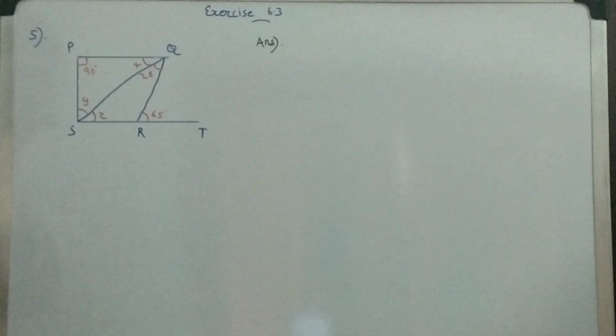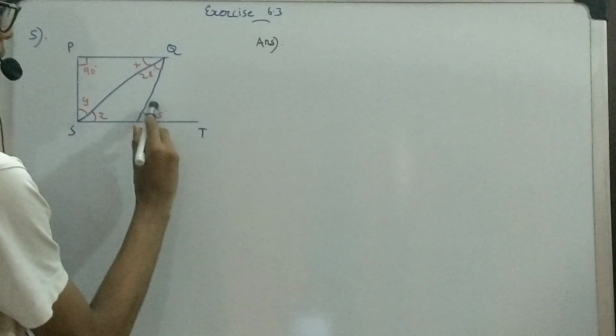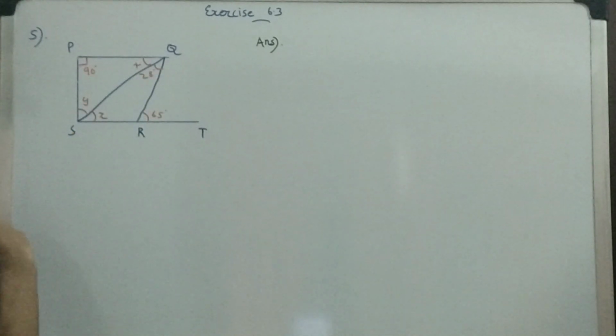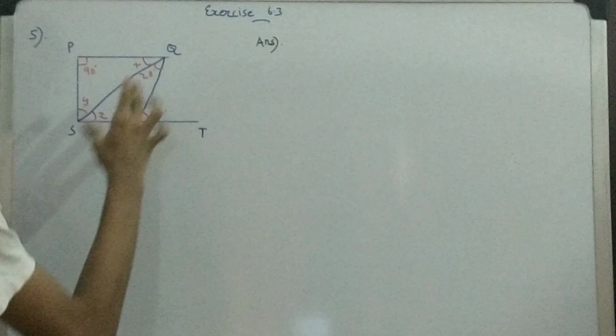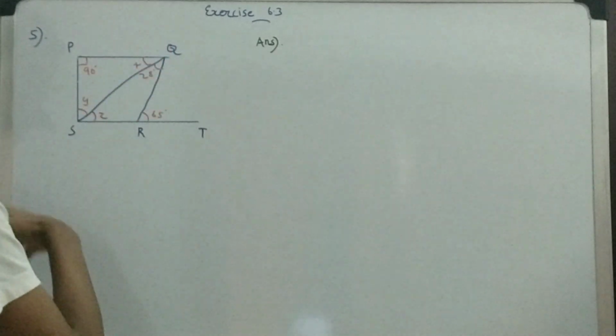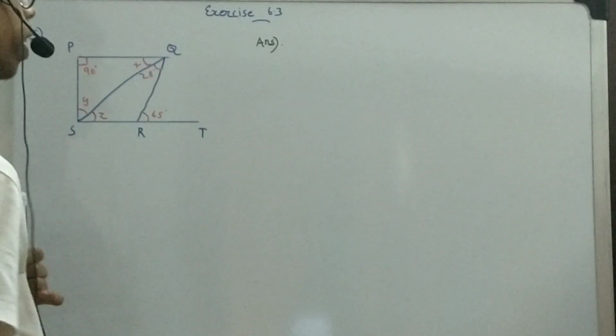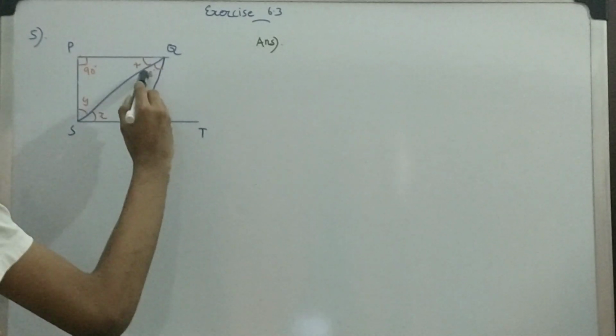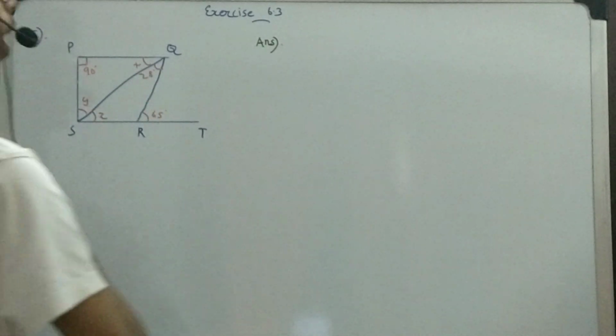Okay, now if you see over here, this angle 65 degree is formed towards the exterior side of the triangle. So if you consider this triangle QSR, then the 65 is the exterior angle of this triangle. So we know exterior angle is equal to the sum of two opposite interior angles.